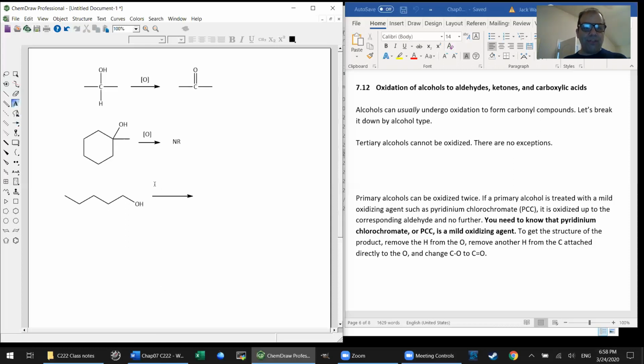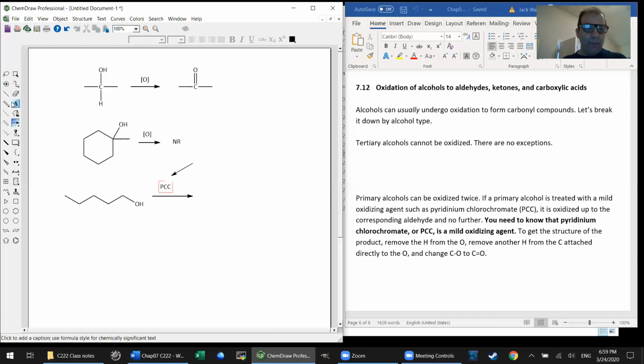And there's 2 different oxidizing agents to know about. Our mild oxidizing agent is PCC, which is short for pyridinium chlorochromate. You can find the structure of pyridinium chlorochromate in the book. I certainly don't care if you memorize it. But the thing to be aware of is PCC is a mild oxidizing agent.